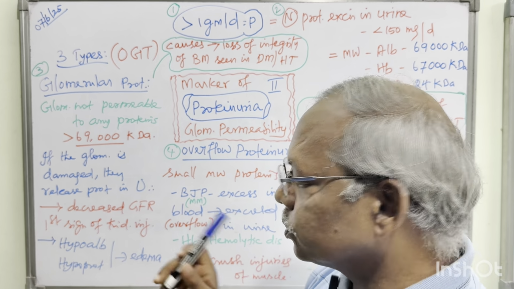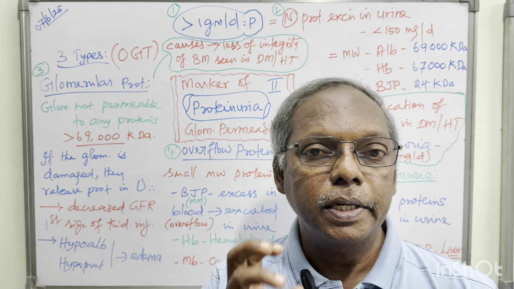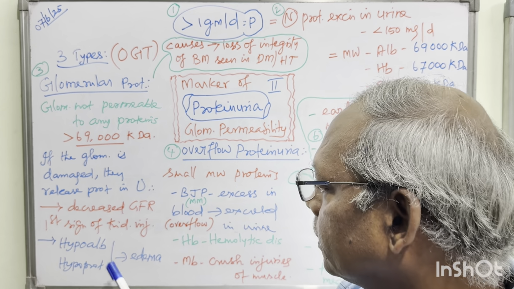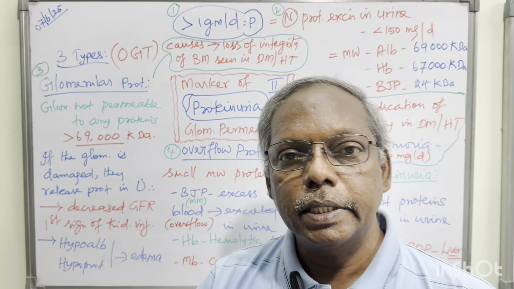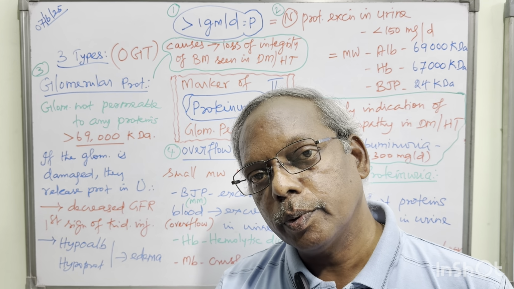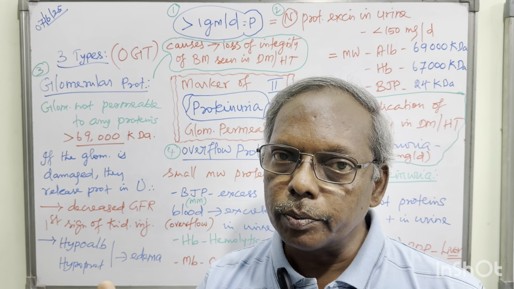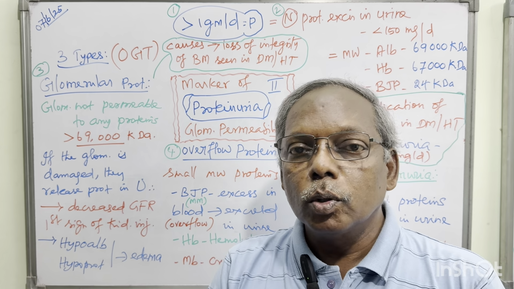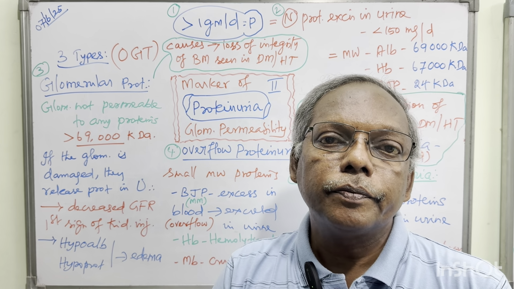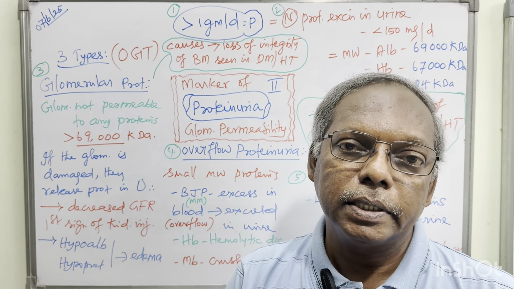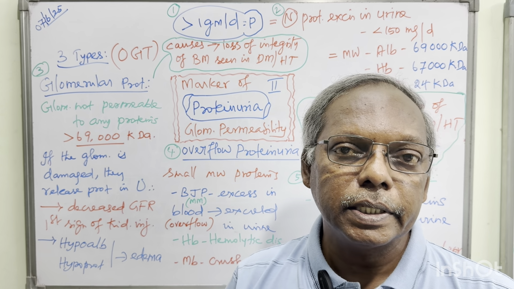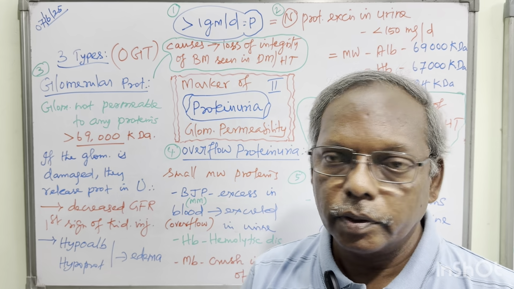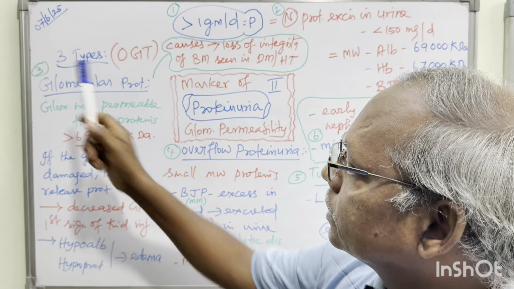That is the first sign of kidney injury. Then we have 2 conditions, one side is hypoalbuminemia, another side is hypoproteinemia. Both altogether lead to the formation of edema, that is extravasation of fluids into the compartment.